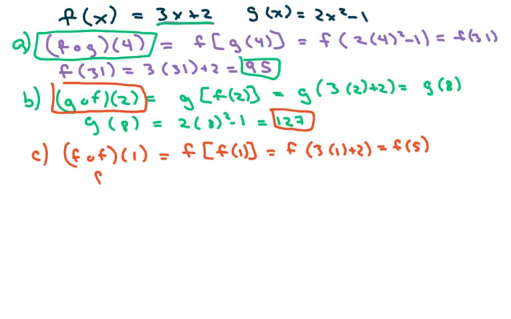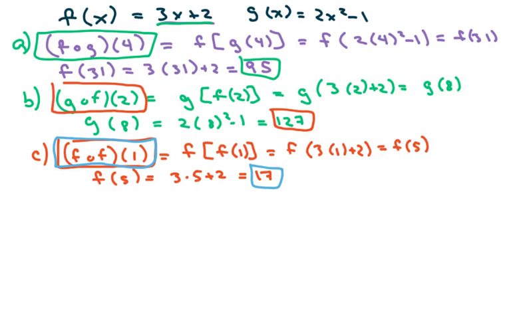And then f of 5, plug that in, you're going to get 3 times 5 plus 2, which equals 17. Therefore, f of f of 1 is 17.